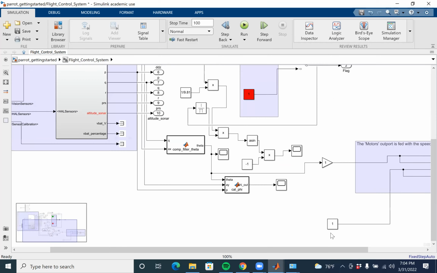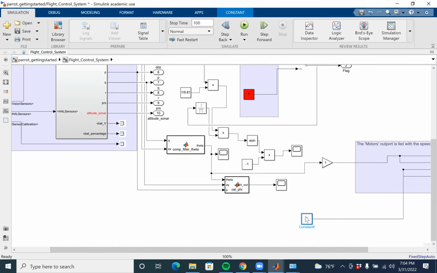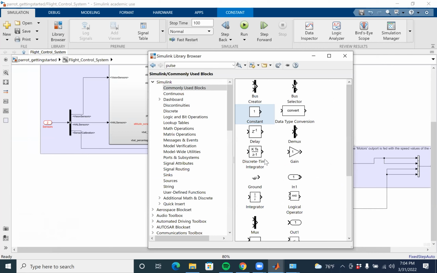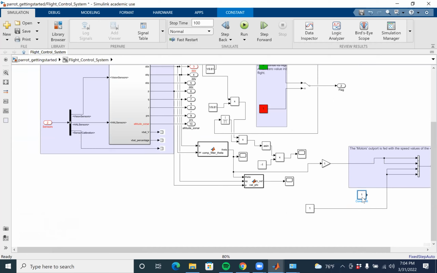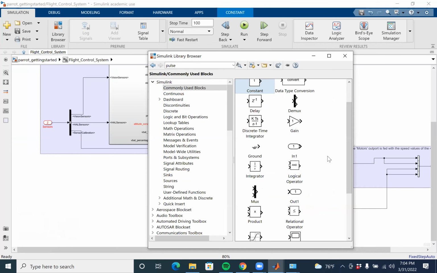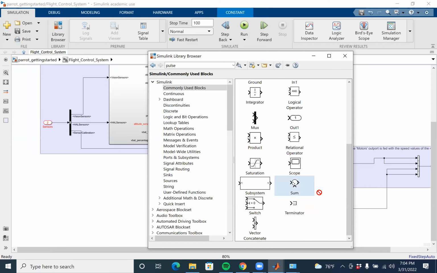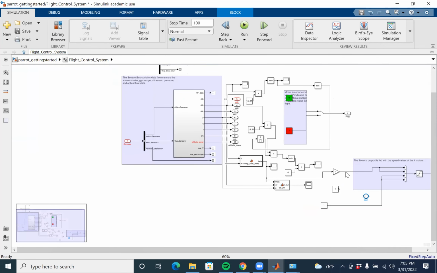And then this is the gain. I need to add another constant, and I need to add an addition operation, so a sum.